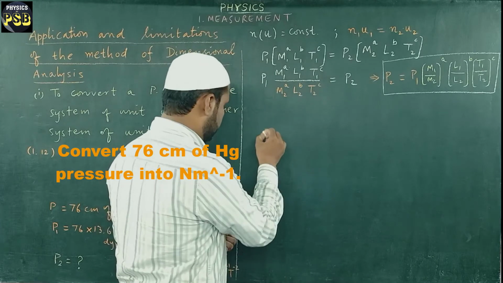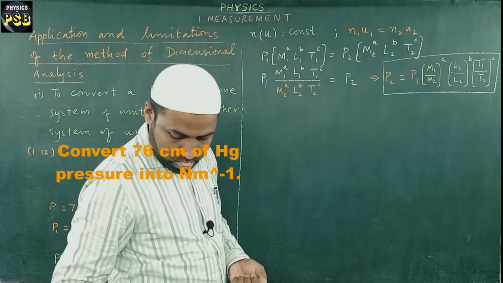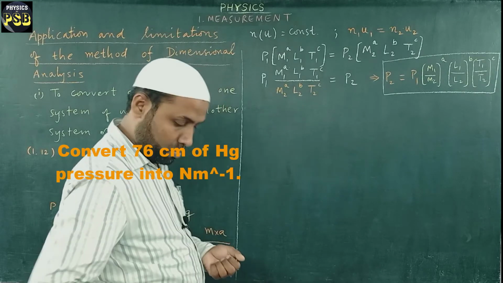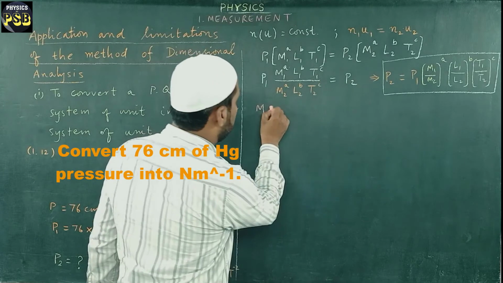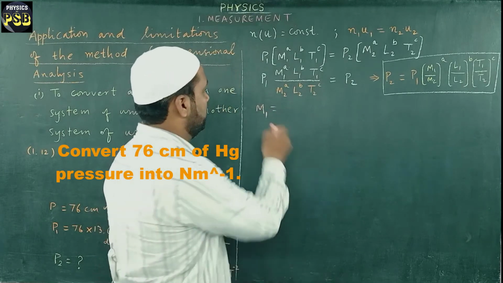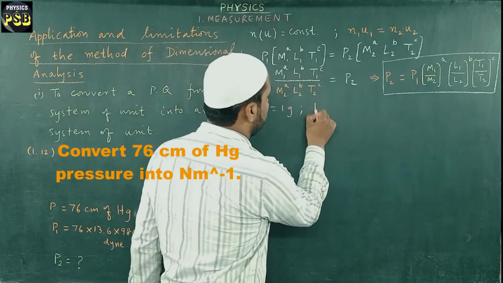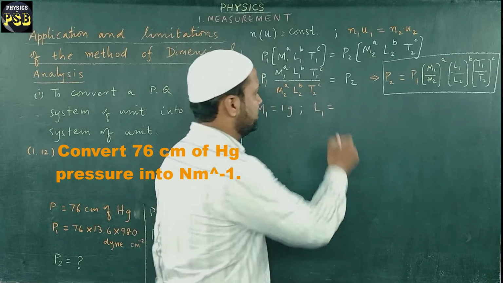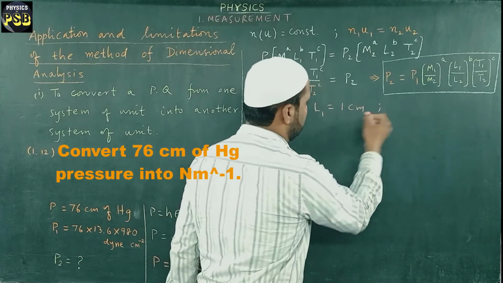Here M1 is the mass in the CGS system. This stands for 1 gram. And L1 is the length in the CGS system. In this system length is measured in centimeter, so L1 is 1 centimeter.